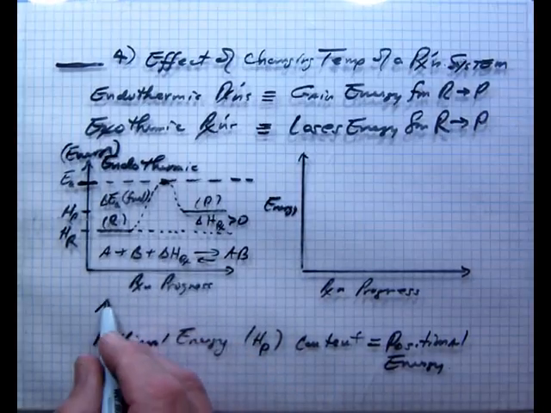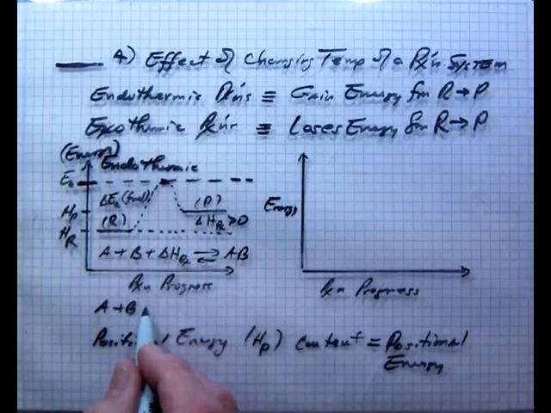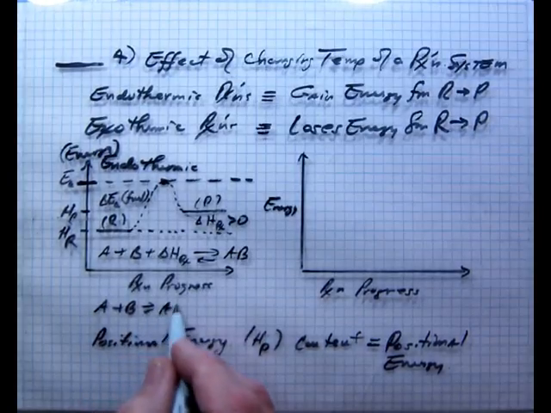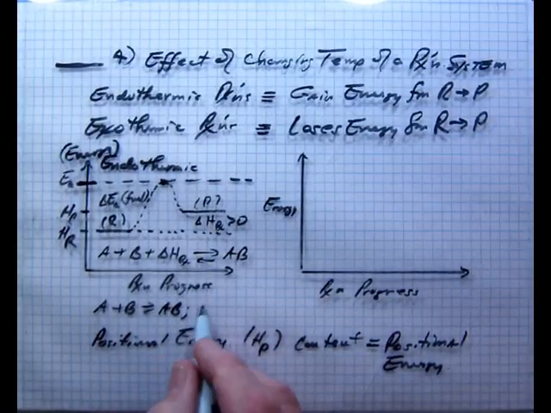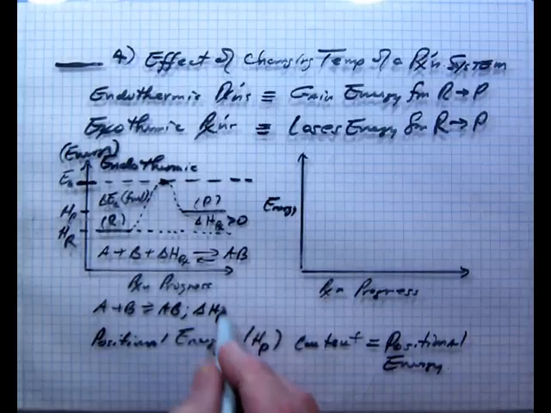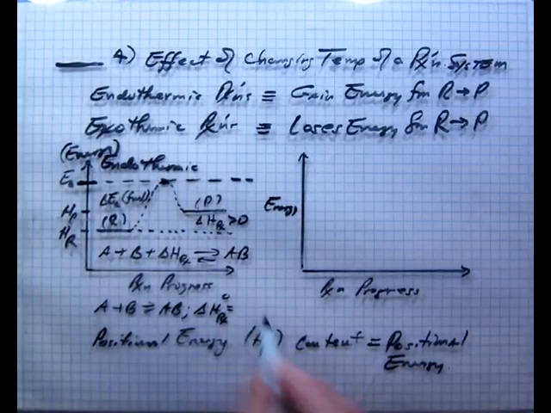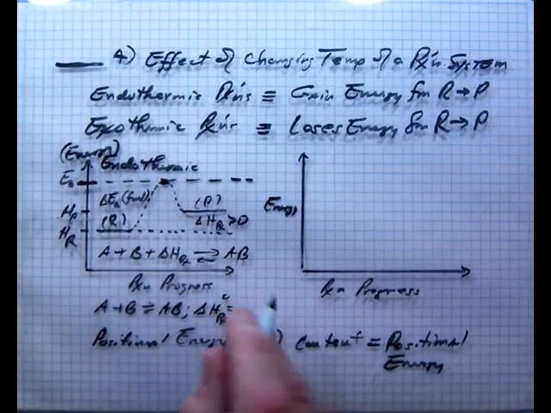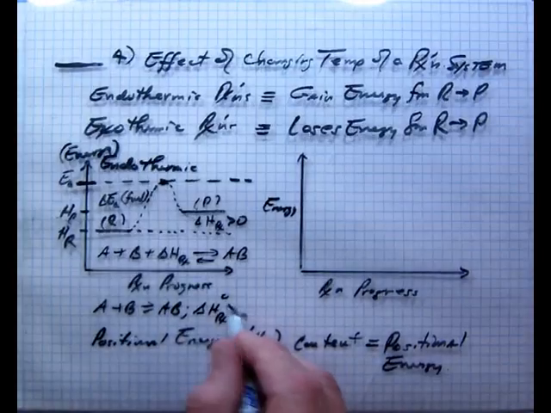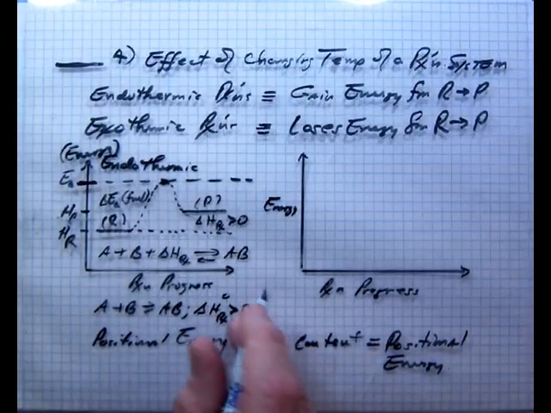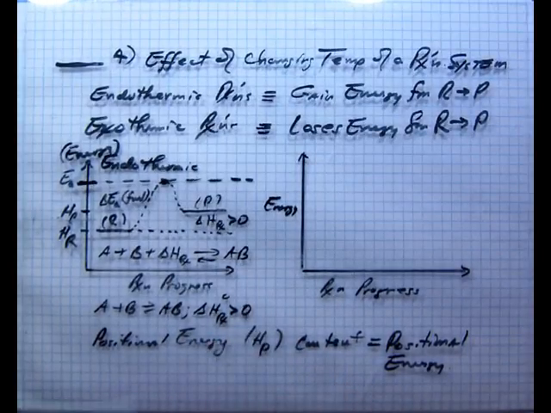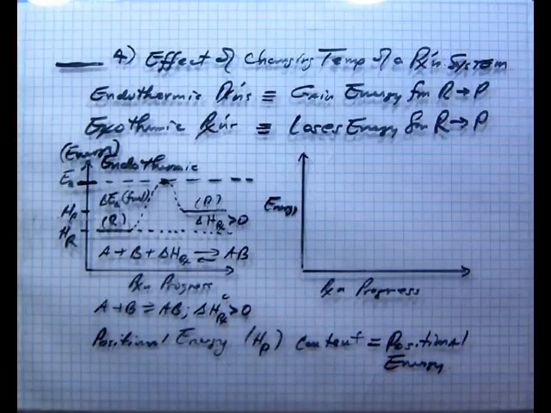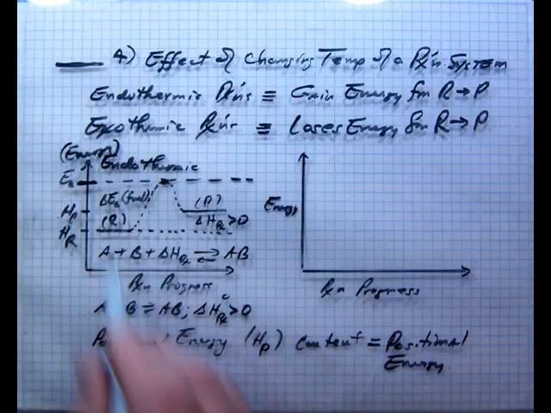Or you could go A plus B in equilibrium with AB, and delta H of the reaction is a number greater than 0. Right there. So you will see both of these show up on exam day. Both of them are used. And we'll talk about shifting in a minute.